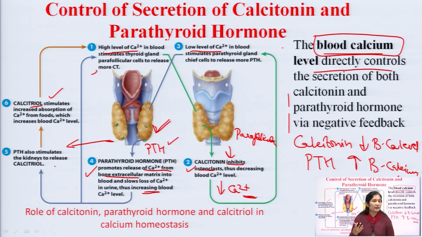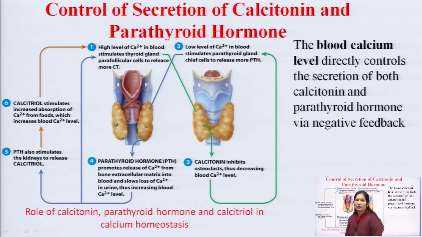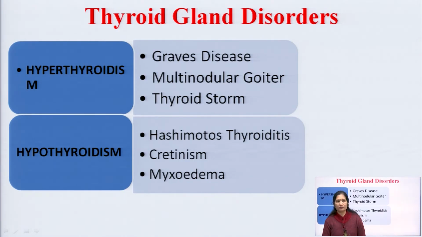And whenever there is excess calcium in the blood, calcitonin will again be released and reduce the blood calcium level. So, this is how calcium ions regulate the release of calcitonin and parathyroid hormone. So, this was the regulation.